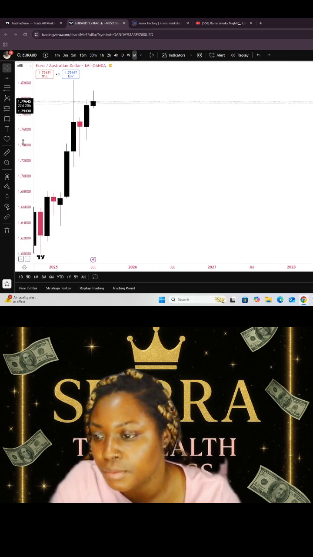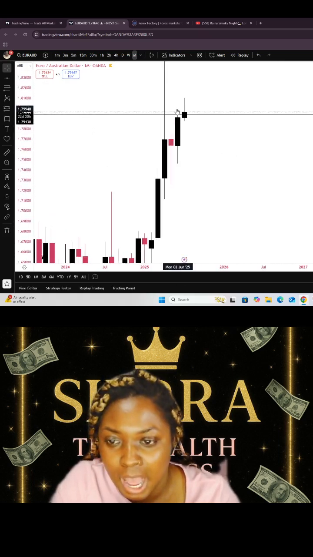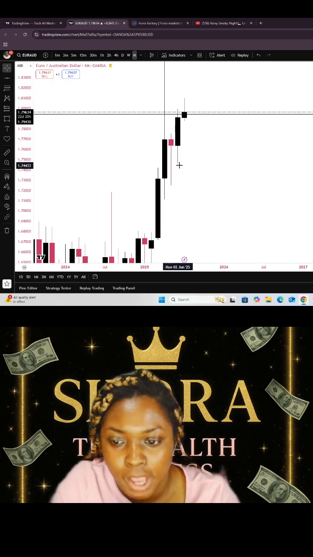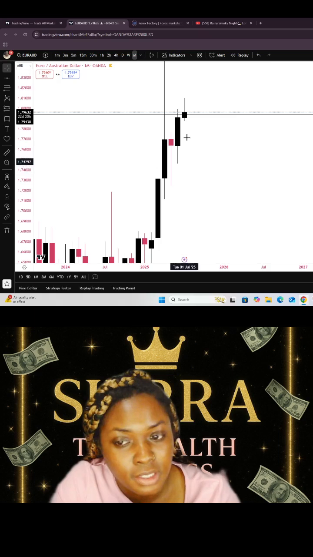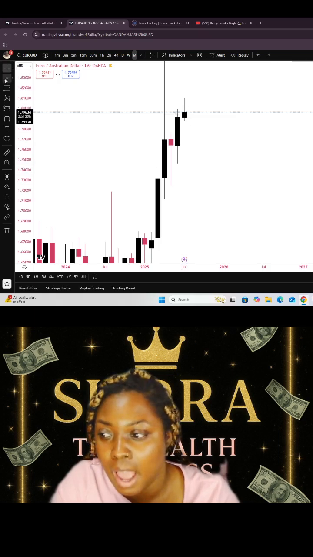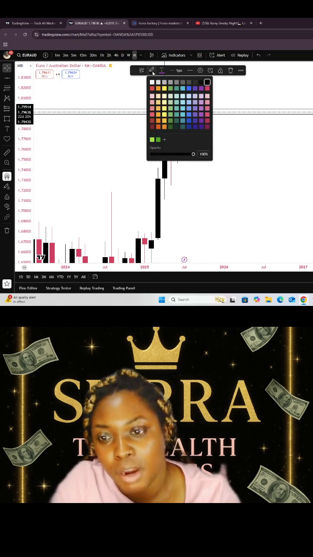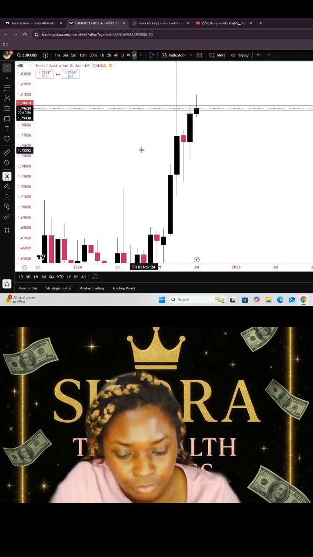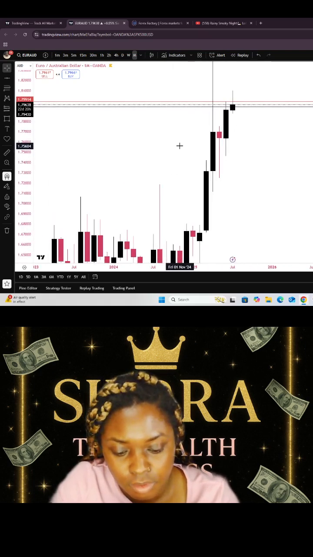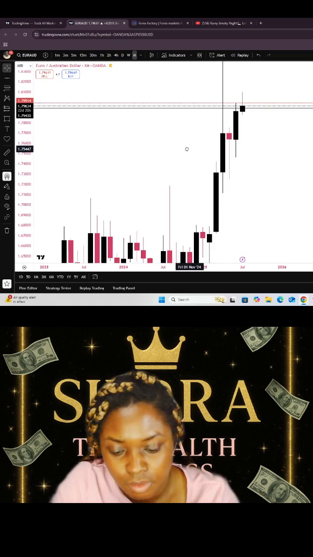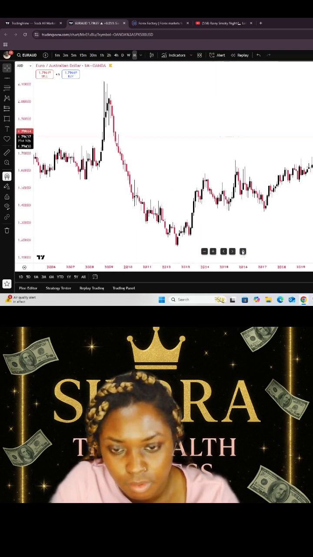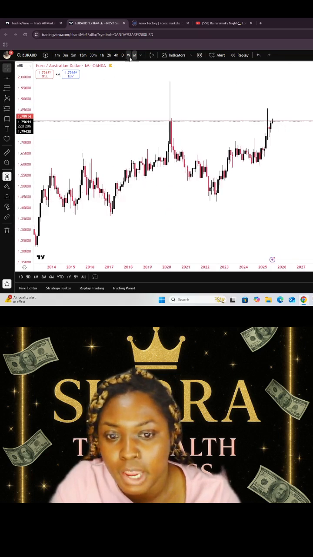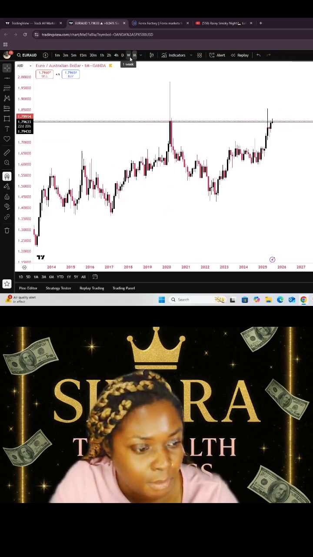And I look to see if last month's high or low has been ran. And in this case, last month's high has been ran. So I'm going to mark last month's high and I'm going to change that line to red. Okay. All right. And this is all that I see on my monthly.